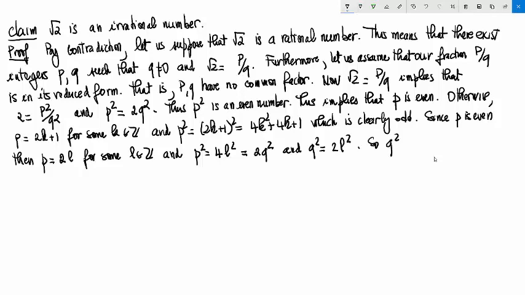So q squared is even, and by a similar argument presented earlier, q must be even.